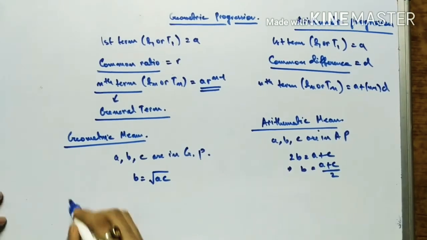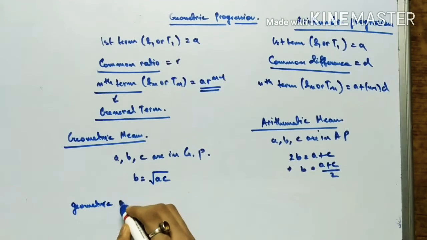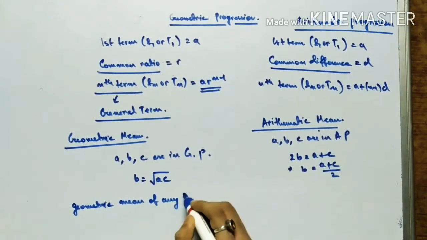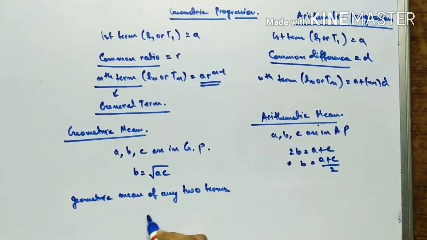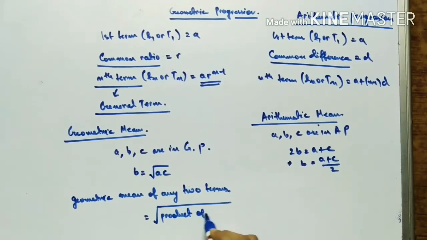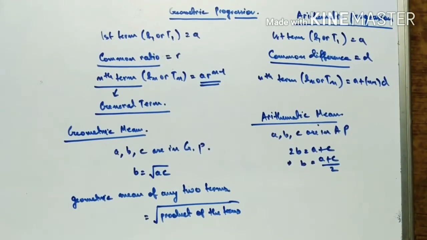Let me write it nicely. Geometric mean of any two terms is equal to root over the product of the terms.